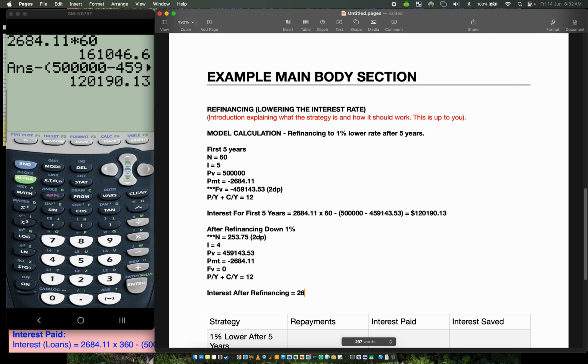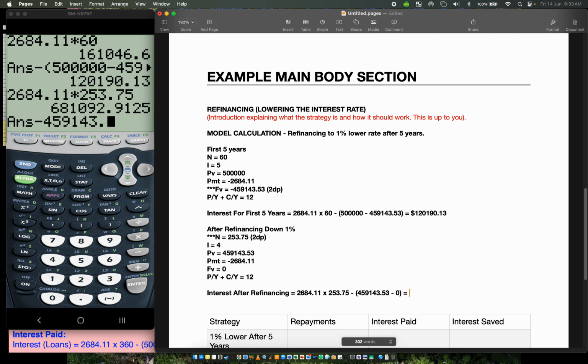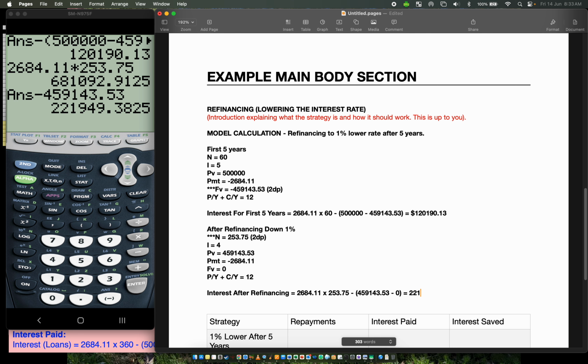Interest after refinancing, 2,684.11 times 253.75, take away the debt I got down to 459,143.53, but I'm subtracting 0, so it doesn't really matter. 2,684.11 times 253.75, take away 459,143.53, is $221,949.38 to 2 decimal points.